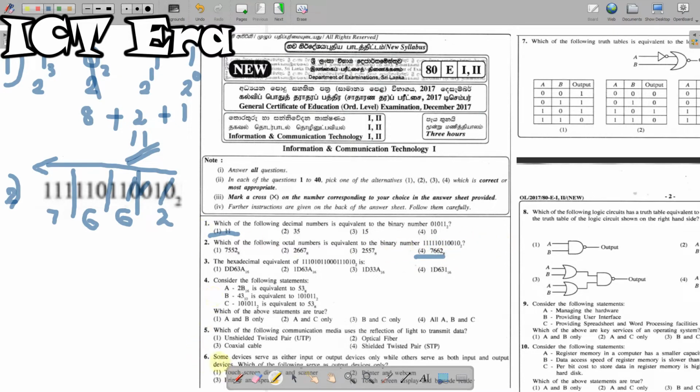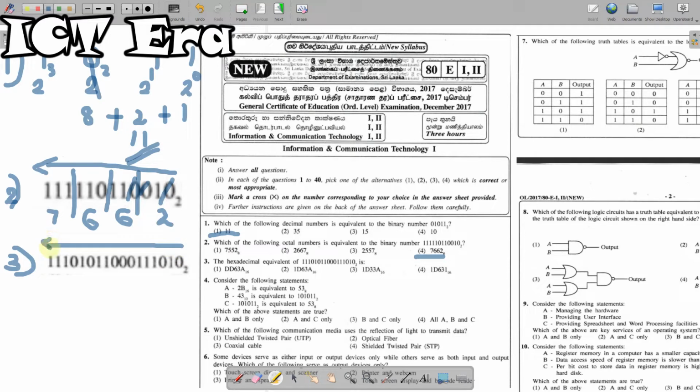Then third question: the hexadecimal equivalent to this one. To convert binary into hexadecimal, likewise in the octal conversion, we have to divide it into 4-bit clusters from left to right.